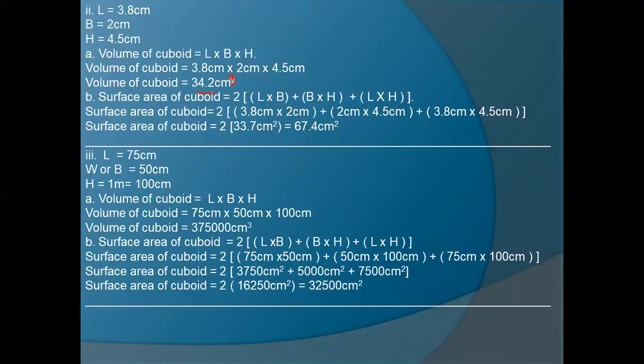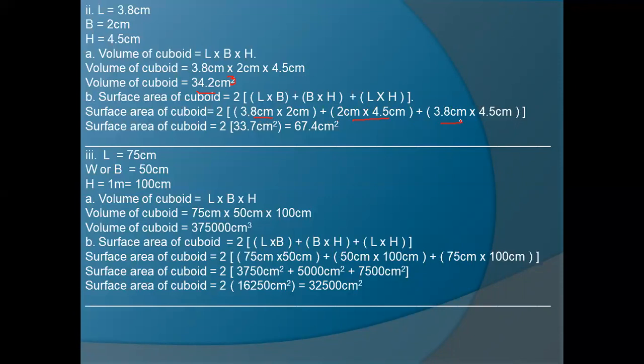Now in the second part, surface area of the cuboid is equal to 2 times length multiplied by breadth, breadth multiplied by height, and length multiplied by height. After placing the values, we have 3.8 centimeter multiplied by 2 centimeter, 2 centimeter multiplied by 4.5 centimeter, 3.8 centimeter multiplied by 4.5 centimeter.